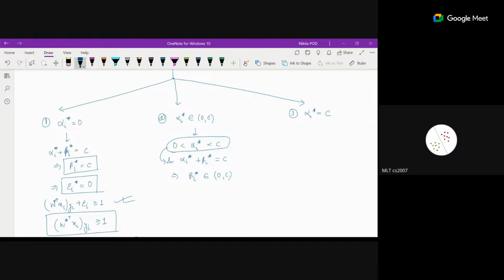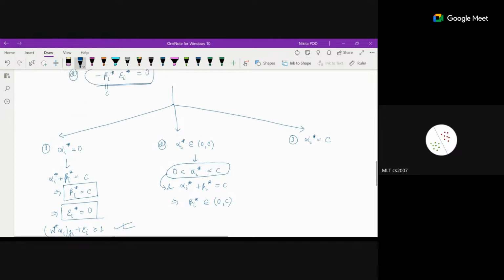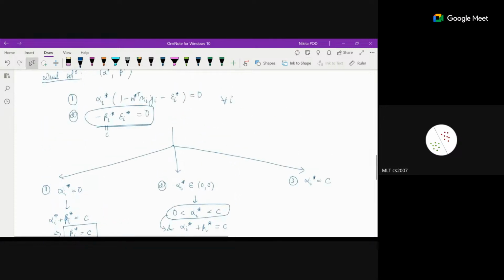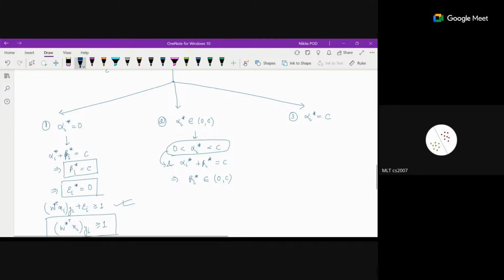Now, if my beta I star strictly lies between 0 and C, then from complementary slackness condition 2, my beta I star is some positive value which cannot be 0, so for the second condition to be satisfied, my epsilon I star has to be equal to 0.